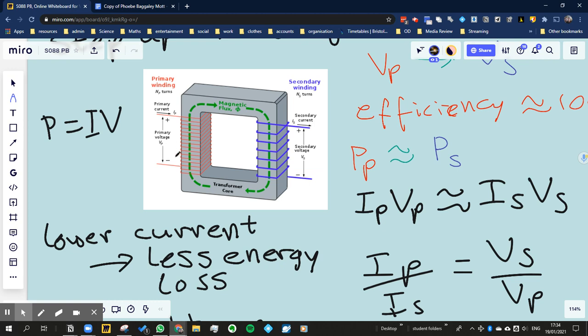If you have a difference in the number of turns, here we have NP, the primary turns. It says winding here. It just means how many times it's gone around the core, the transformer core. Then you've got NS, the secondary turns, the secondary winding. Again, how many times it's gone around.